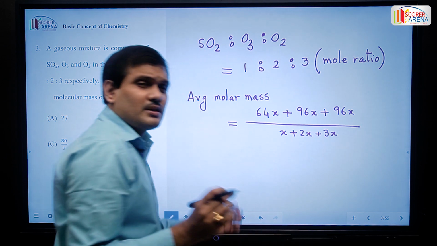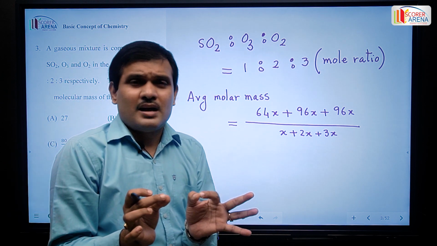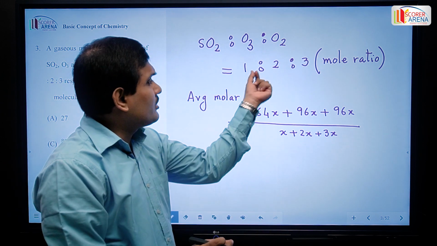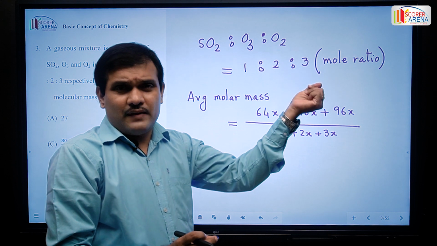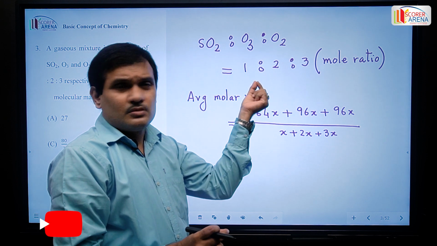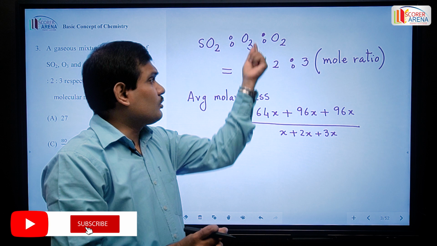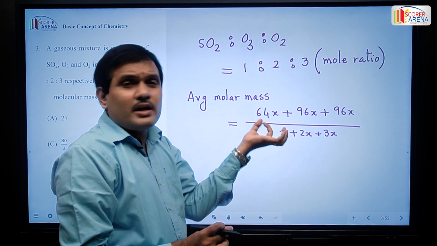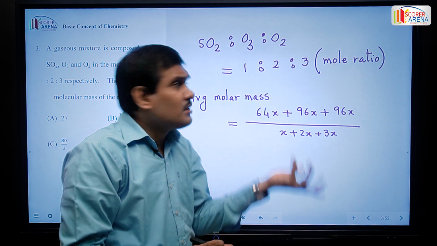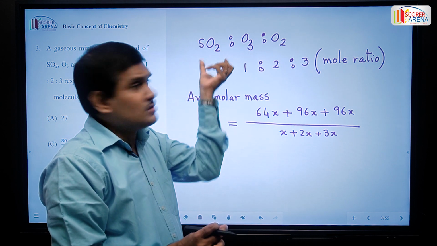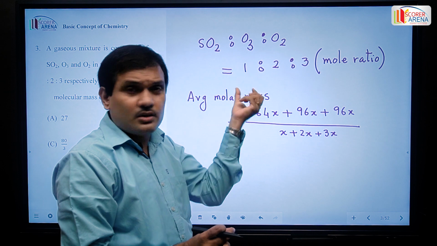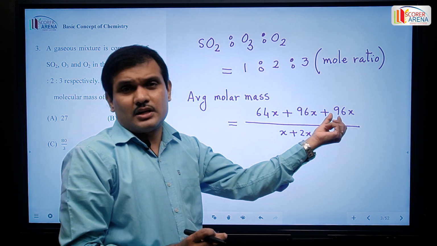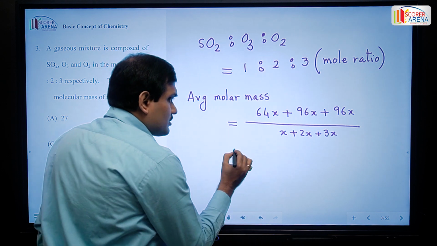The concept I am using is taking the common factor of this ratio, that is x. So SO2 present is x mole, O3 present is 2x mole, O2 present is 3x mole. So definitely we can convert their moles into mass, because SO2 has molar mass 64, O3 has 48, and O2 has 32. So we can solve this.